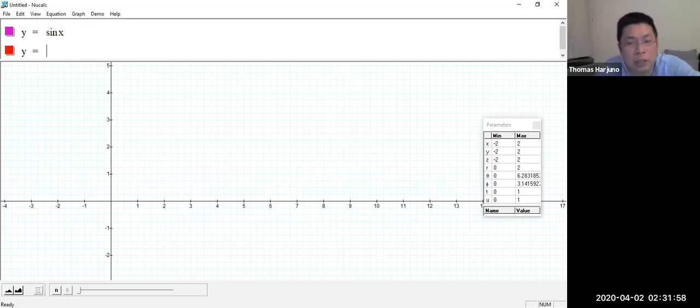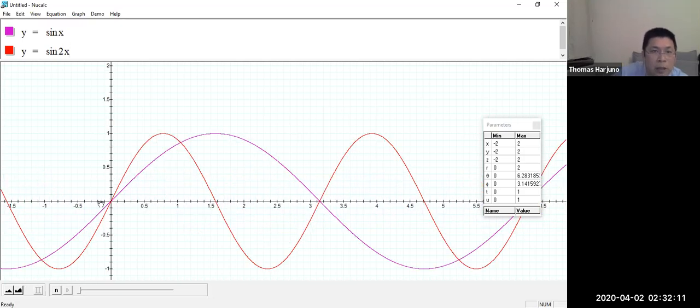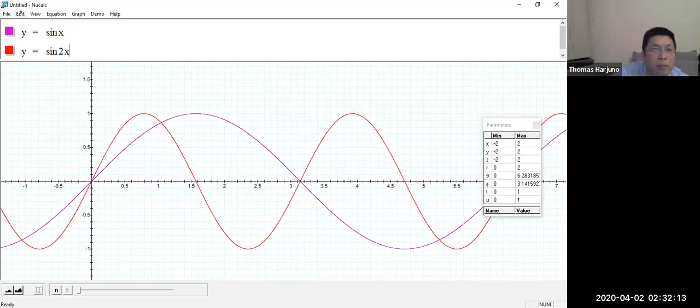I changed this sine x, compare this sine x with sine 2x. Oh, that's quite confusing to see, huh? Okay. Let's copy this and put it on our notebook so that we can observe that better.